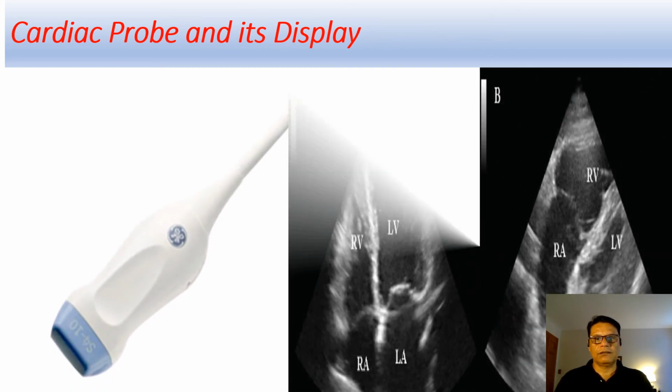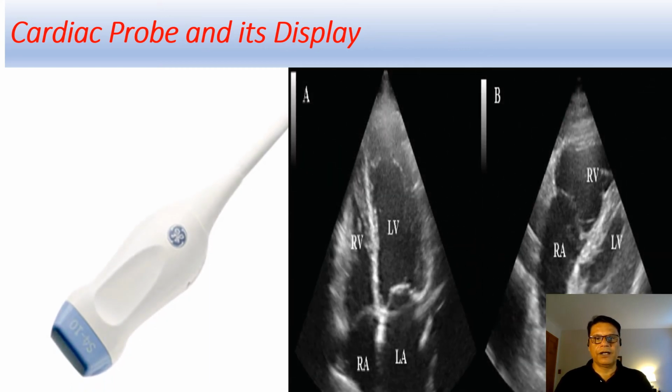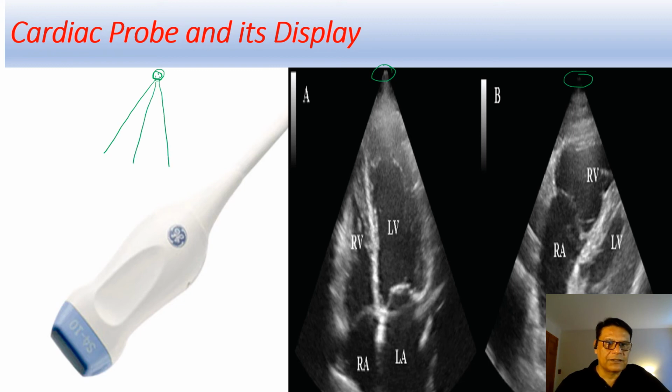Let's see the display of the cardiac probe. So if you see at the top of the image, it seems that all pulses are originating from the same place, and they are moving in different directions.